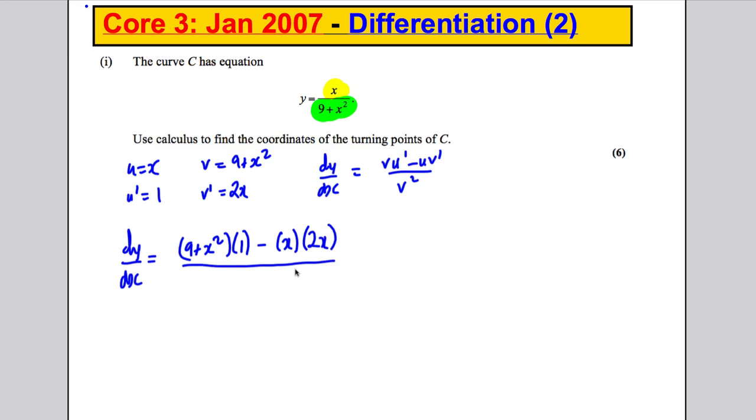And it would be all over v squared, which would be 9 plus x squared, all squared. Tidy up the top. This would be 9 plus x squared, subtract 2x squared, so we would have 9 subtract x squared over 9 plus x squared, all squared. And there is our dy by dx.